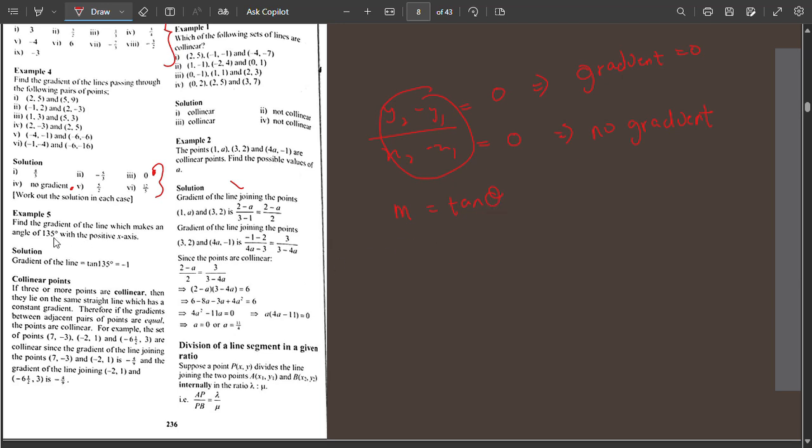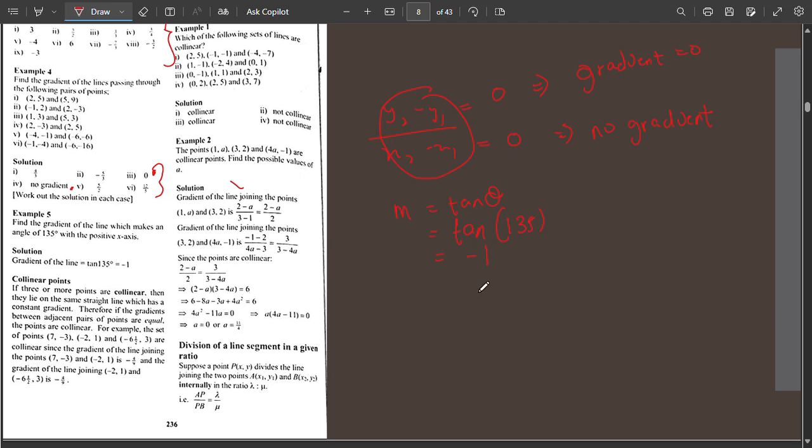In this case, we've been given an angle. That means we cannot use this formula. Instead, we'll be using tan theta. So tan theta is tan 135, and that is -1. So the gradient is -1.